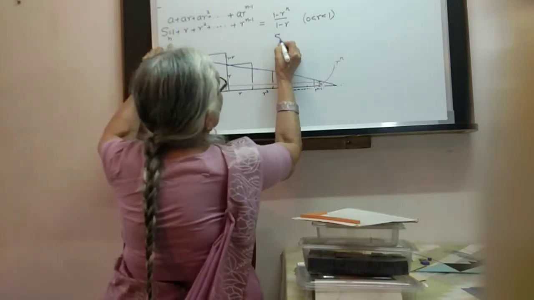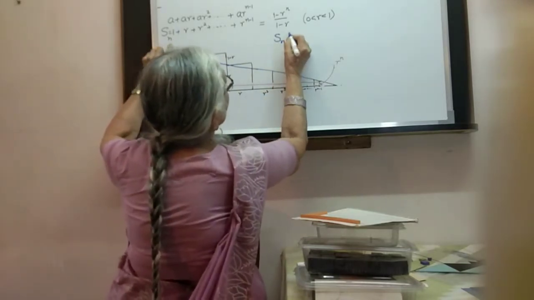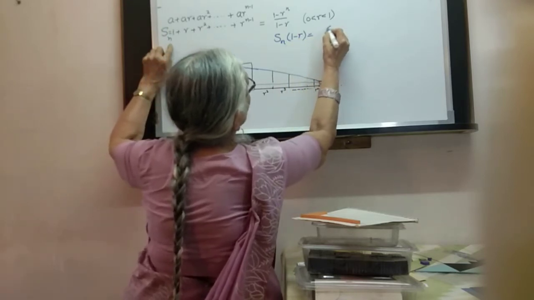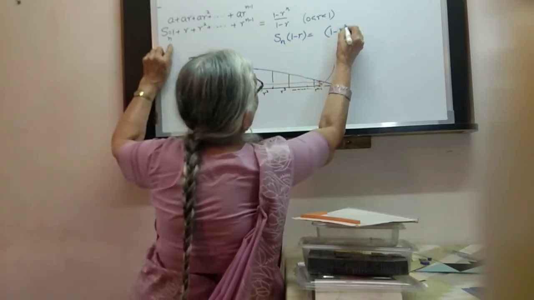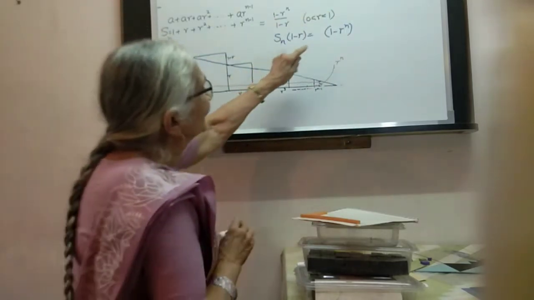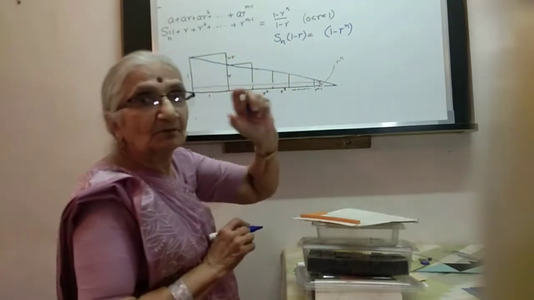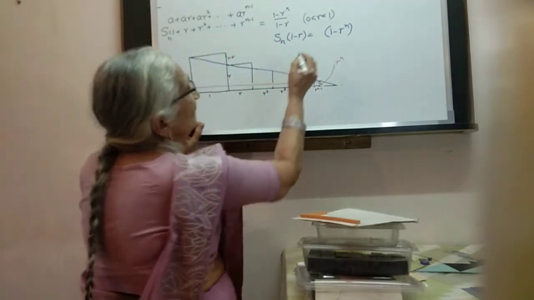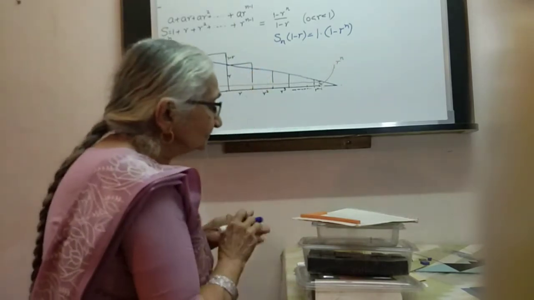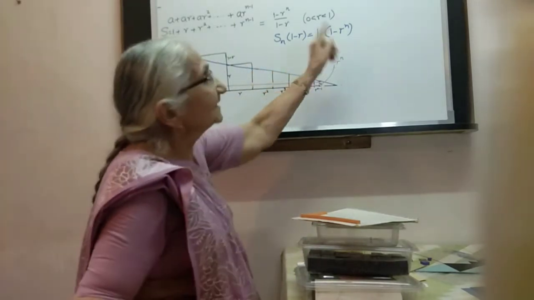This is Sn into 1 minus r equal to 1 minus r raised to n. This is what we want to prove. Why did I write a bracket here? Because we want it in the form of a rectangle. Well, we'll put it as 1 into, because we have 1 here. Okay, this is what we shall try to prove.